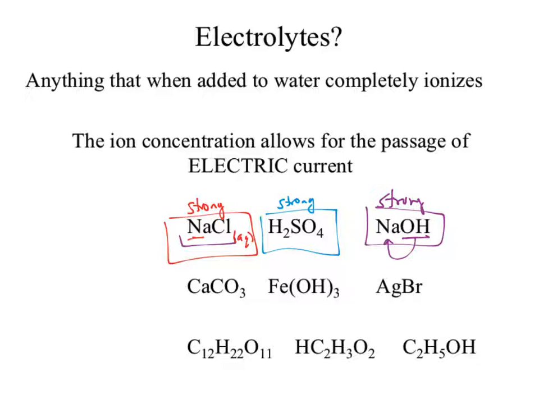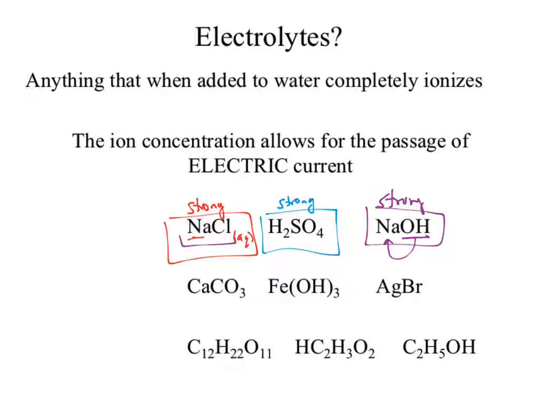What happens when we move to the next row? Calcium carbonate. Do we have an ionic bond? Yes. Metal, non-metal, so yes, there's an ionic bond. Does it ionize when it hits water, meaning, does it dissolve? What would I need to look up?